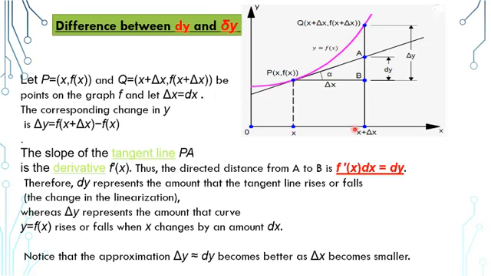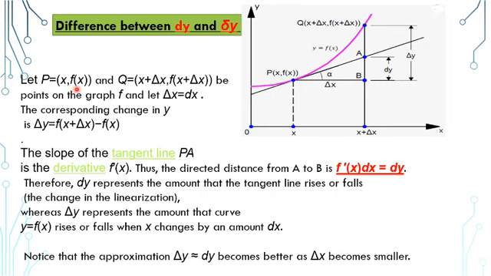This point is x and this is x plus delta x, and the corresponding value of y is f of x. So the coordinates of point P are x and f of x, and the coordinates of Q are x plus delta x comma f of x plus delta x.